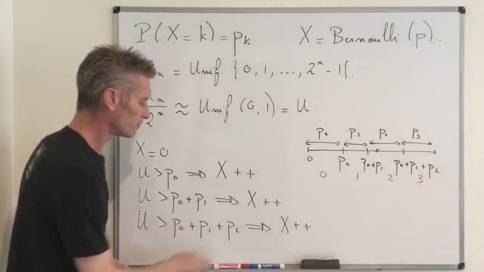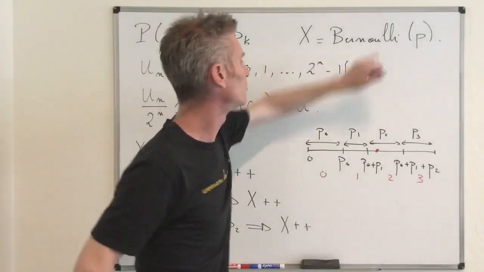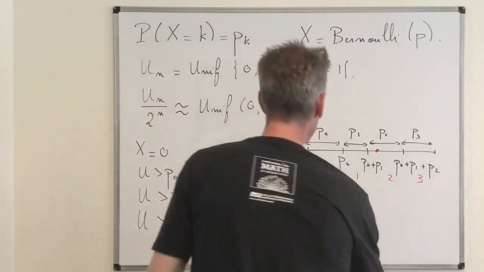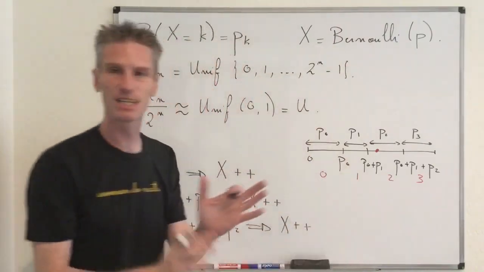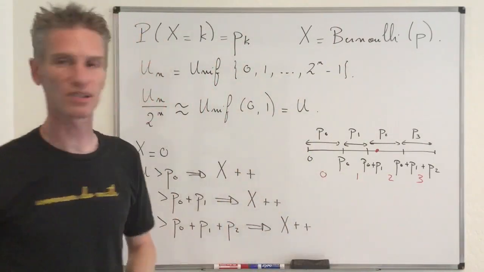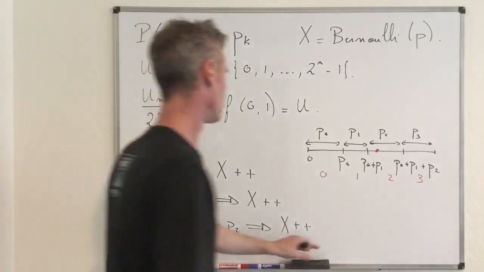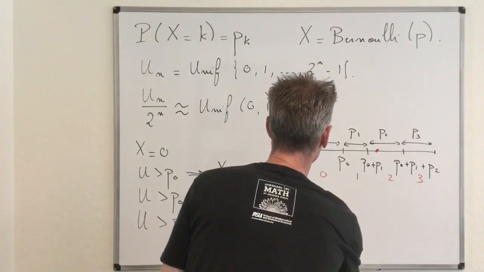Now, if you have a Bernoulli, what makes a little bit more sense is to reverse. You are going to have a range only of 0, 1, and it makes more sense to exchange the roles of 0 and 1, and so you are going to obtain the following.